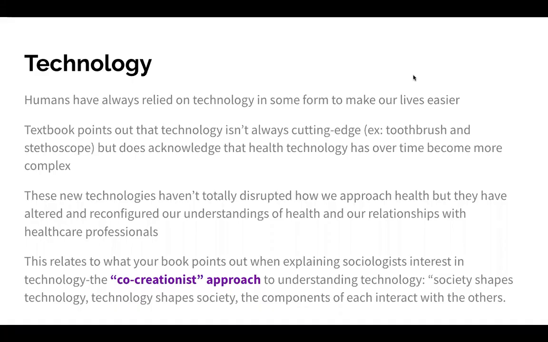So the chapter begins by making the really astute observation that humans have always relied on technology in some form to make our lives easier. When I teach intro sociology, it comes up when we are talking about material and non-material forms of culture.